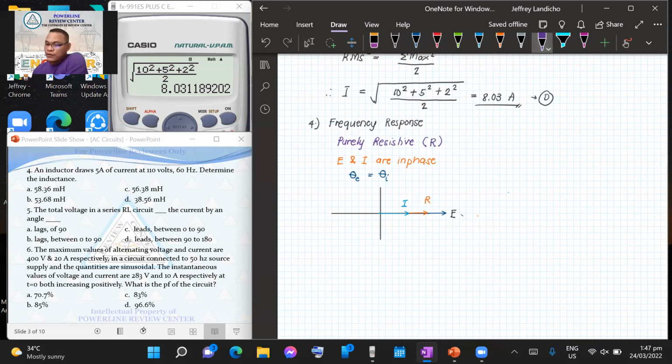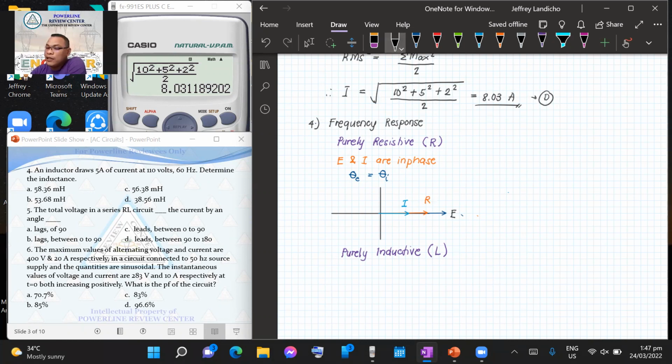Now, let us consider naman yung ating purely inductive. For purely inductive, meron lang tayong inductance. No?